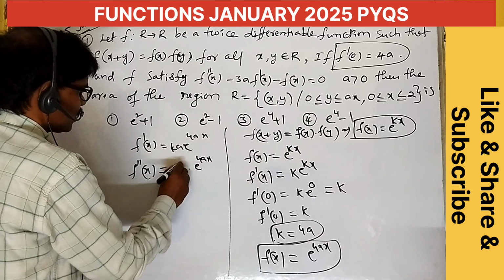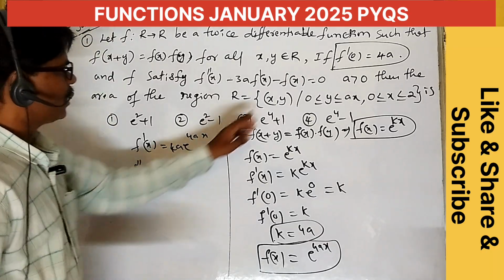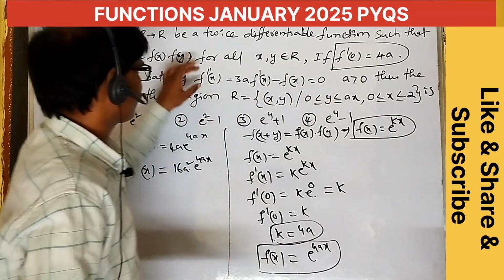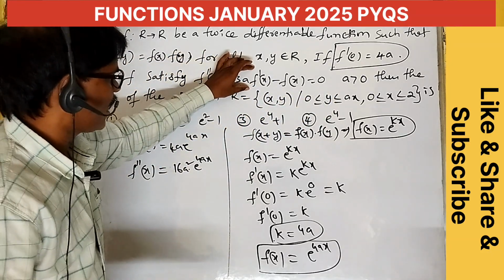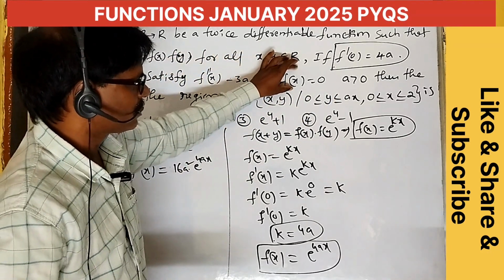Now check that it satisfies the equation f double dash of x minus 3a into f dash of x minus f of x.